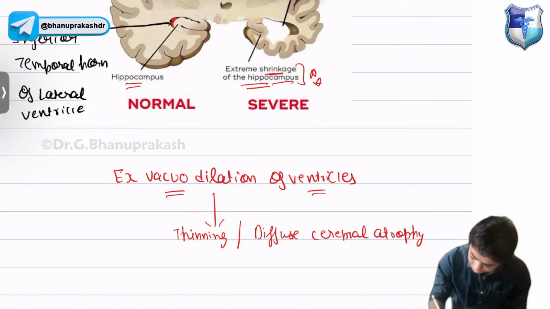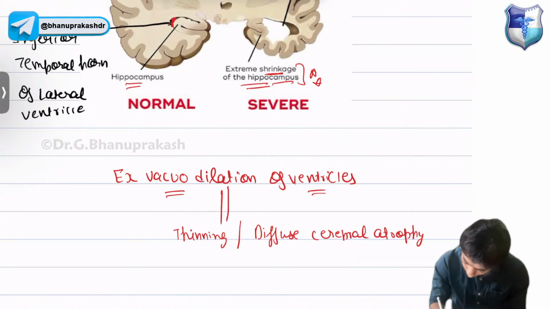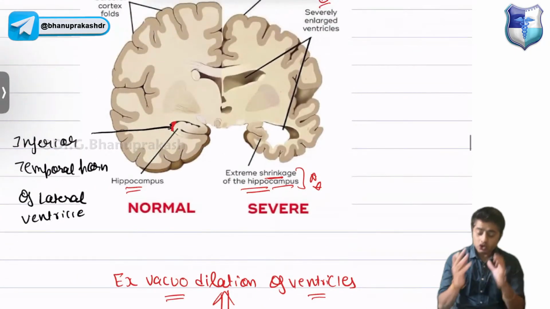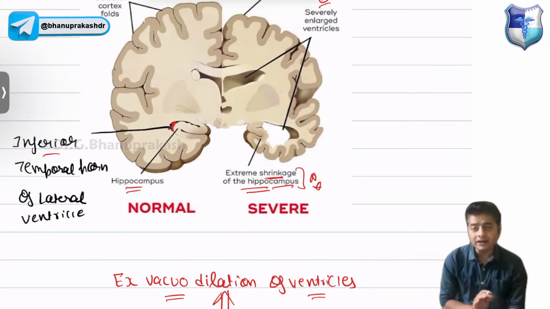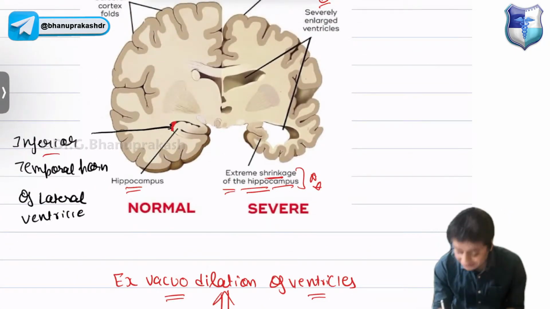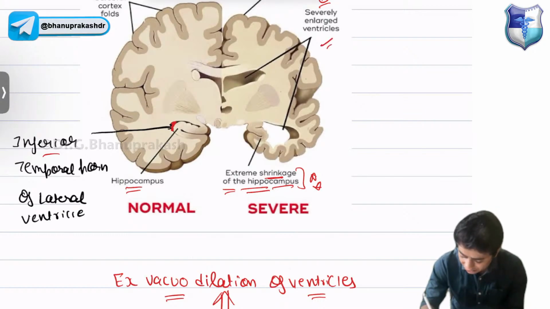Normally you are not able to see the inferior temporal horn of lateral ventricle, but due to extreme shrinkage of hippocampus, you are seeing this ventricle enlarged.